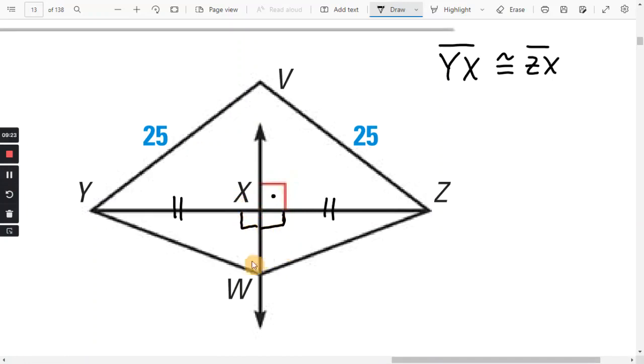And this side right here is shared by both of these triangles. So I can mark that congruent, and we have side, angle, side. If these two triangles on the bottom are congruent, then this one here is going to match that one there. So WY is congruent to WZ.